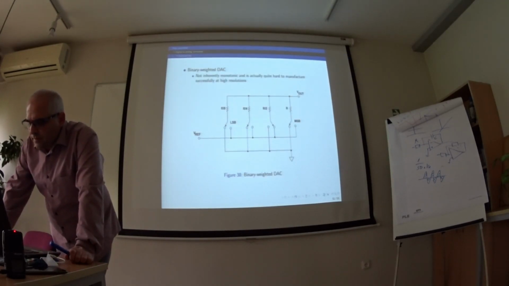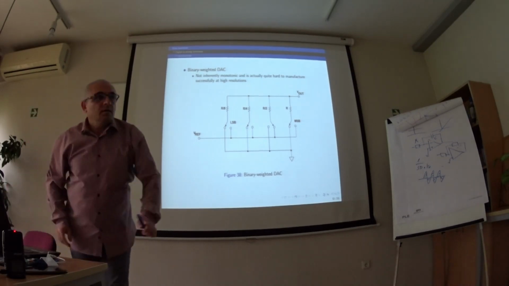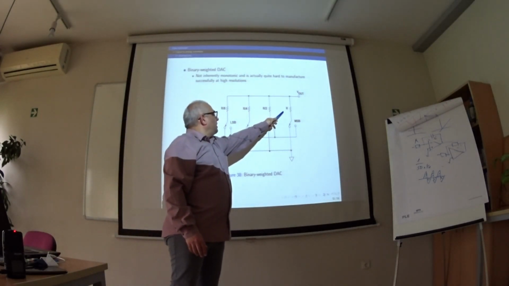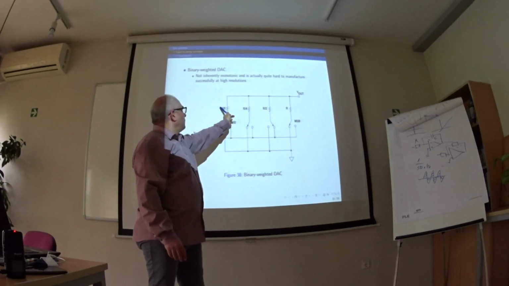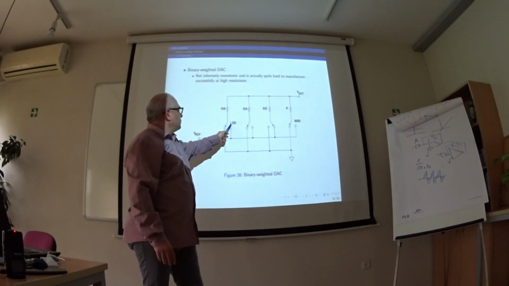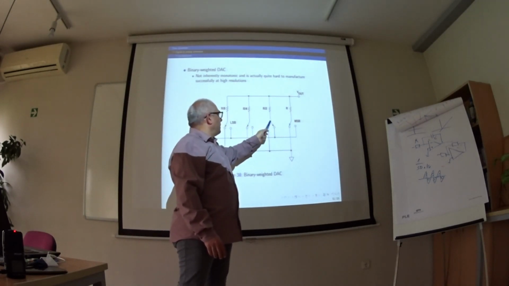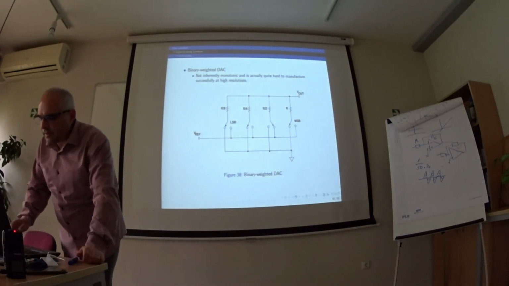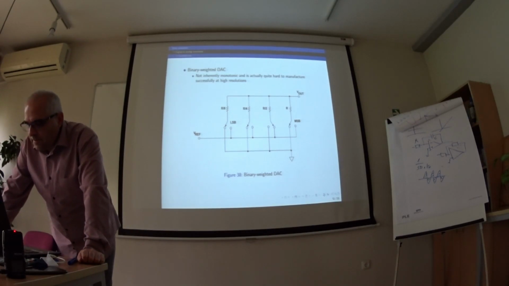Binary weighted digital to analog converter. We have different values of resistors. Half, fourth, and 1/8. This corresponds to the most significant bit. This corresponds to the least significant bit. When we enable a given switch, we can make a voltage that corresponds to the digital code.